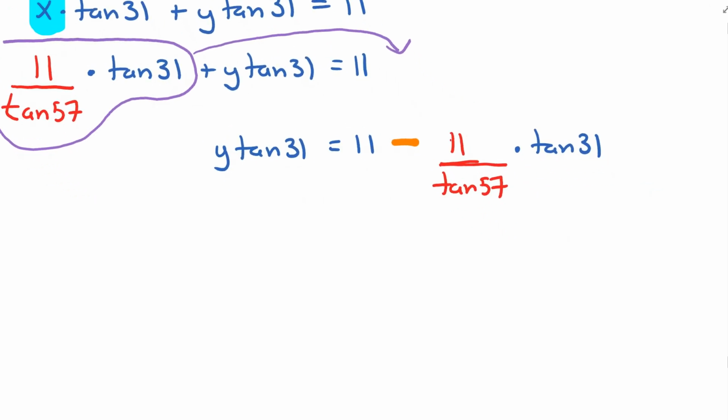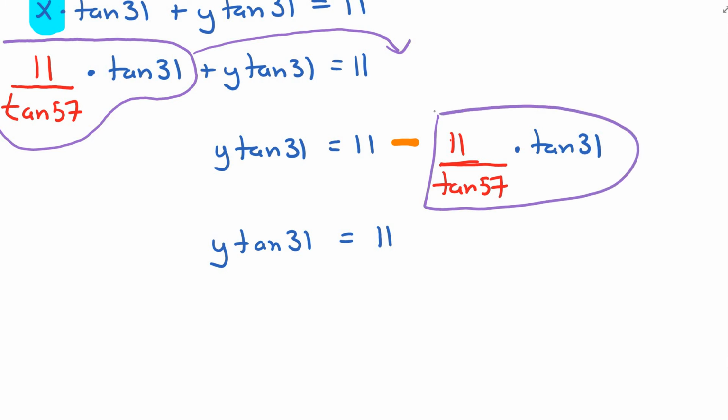From here on, I would just go to your calculator and figure out what these expressions equal. For example, if you put all of this into your calculator, I get 4.29, and 11 minus 4.29 is 6.71. Then I have y times tan 31 over there.